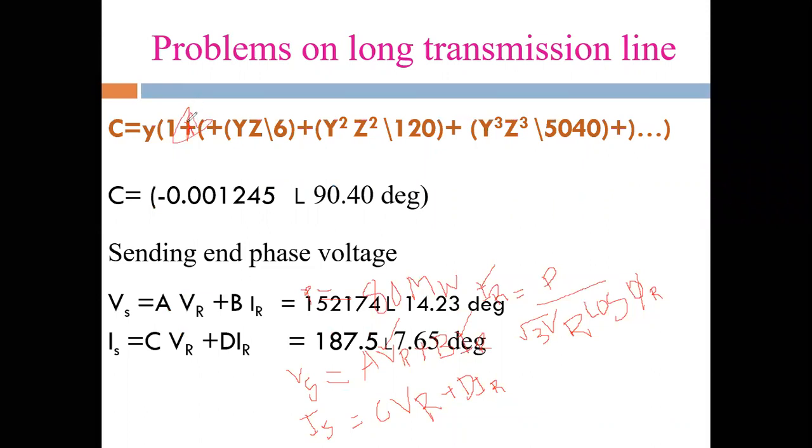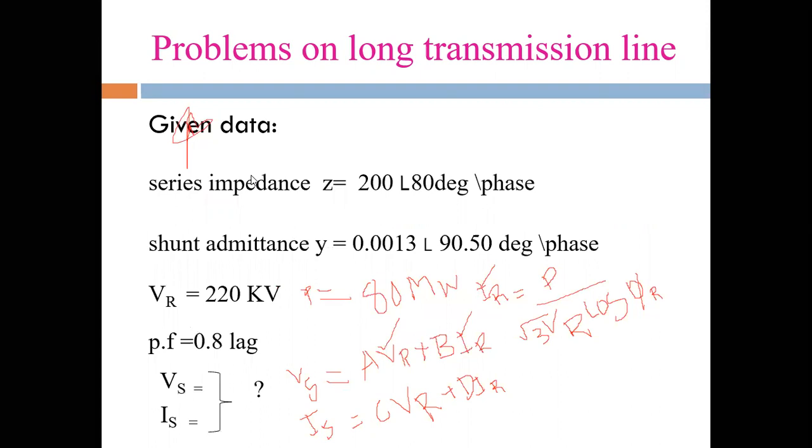After that we write the formula for C, that is C is equal to Y into 1 plus YZ by 6 plus Z square Y square by 120 plus Y cube Z cube by 5040 plus and so on. These are the various formulas related to the A, B, C, D values.